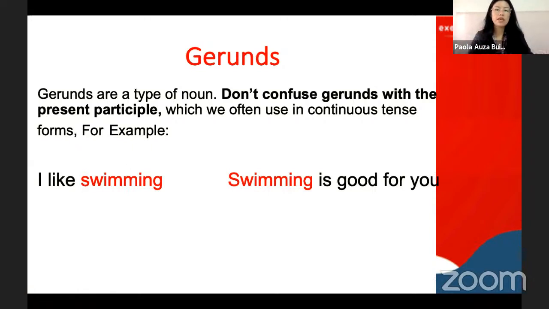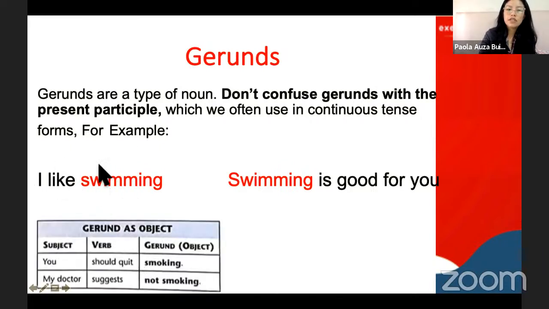I'm simply saying I like swimming, or swimming is good for you. So this is not my main verb. I'm using another one. In this case, I have the subject, which is I. Then I have a verb, which is like, and then this is the gerund, swimming or smoking.